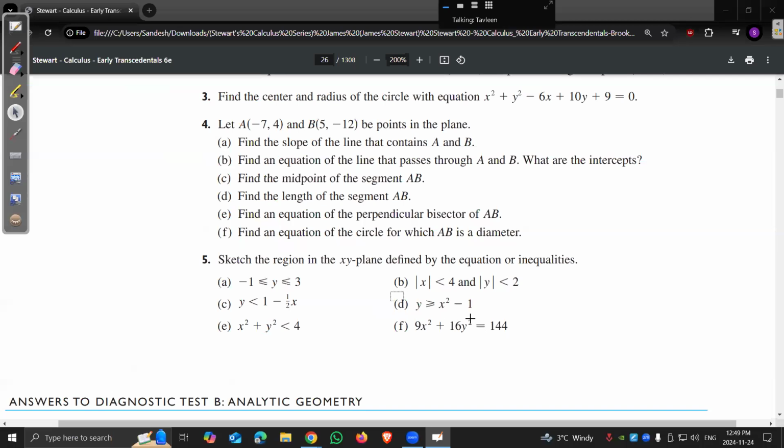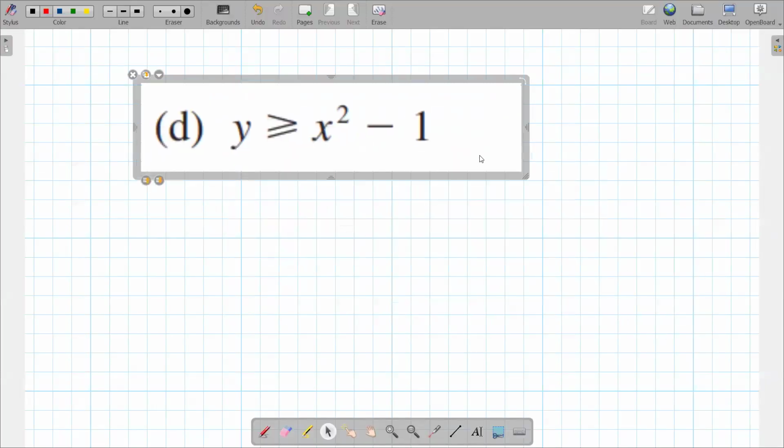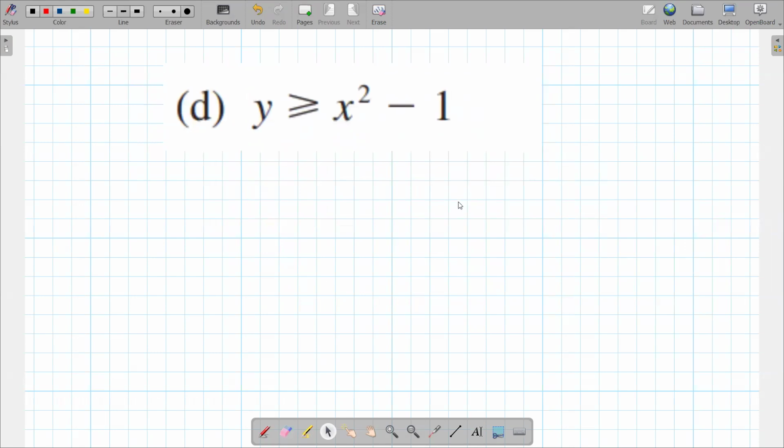Okay, what about this one? Y is greater than. Now, what kind of function do you have? Is it still linear? No. It's a quadratic, right? So always start off with a sketch. How do you graph this? What does x squared minus 1 look like?